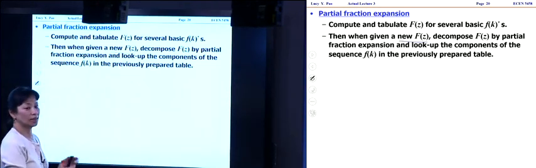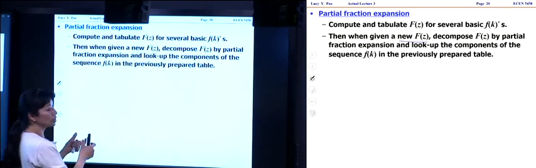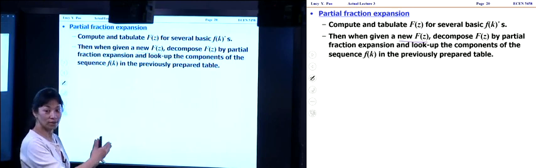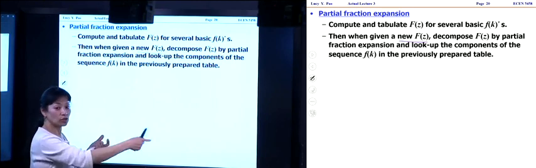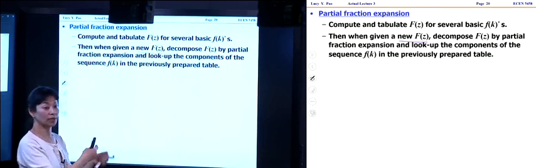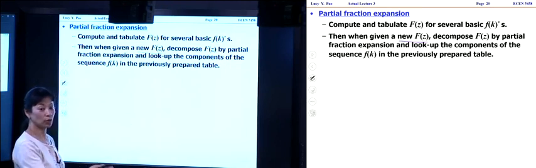So then when you're given some new f of z, some higher order transfer function, you want to decompose that f of z into partial fractions that each of those terms might be found in your table of z transforms, so then you can back out what each term corresponds to and figure out what f of k is.